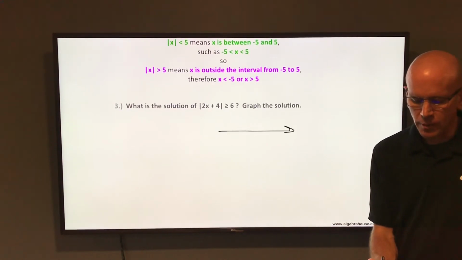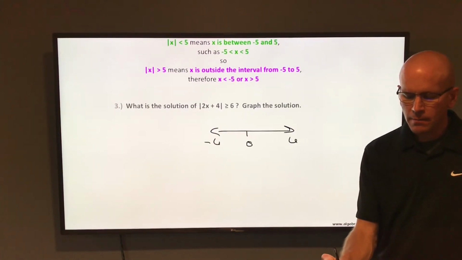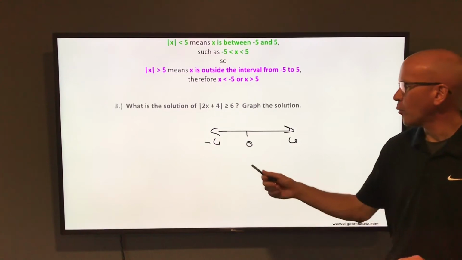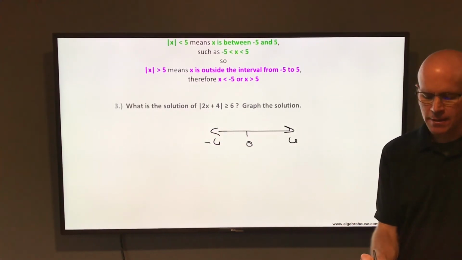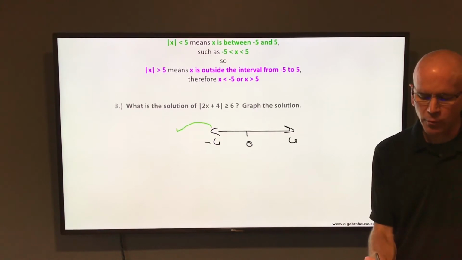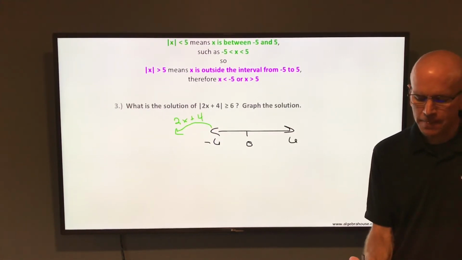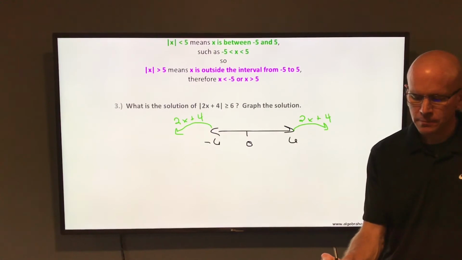So if you draw a number line with negative 6 on the left and positive 6 on the right, the distance that 2x plus 4 is away from 0 is greater than or equal to 6. So that means that 2x plus 4 could be out here to the left of negative 6, or 2x plus 4 could be out here to the right of positive 6.